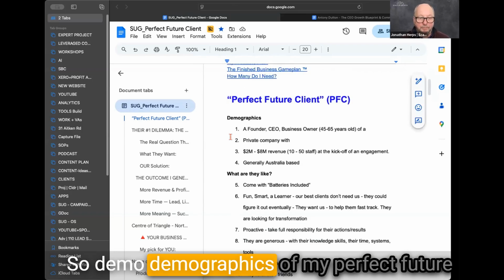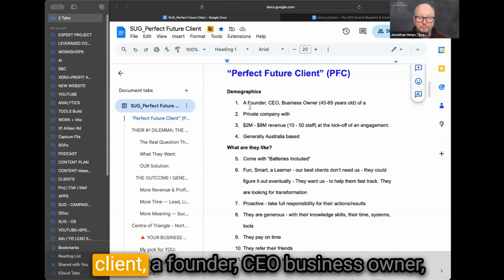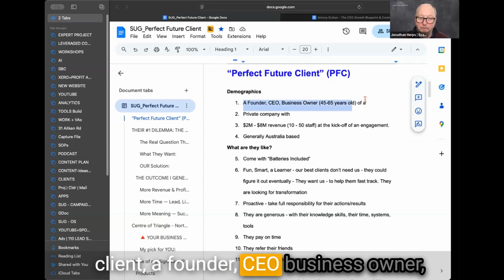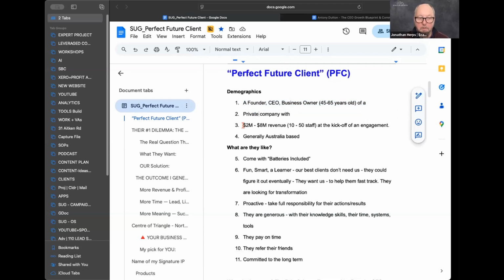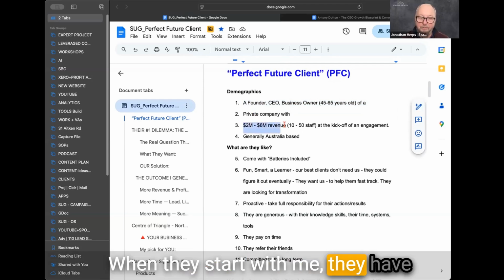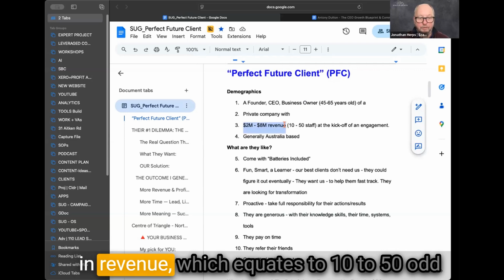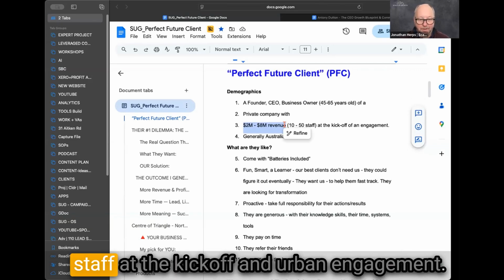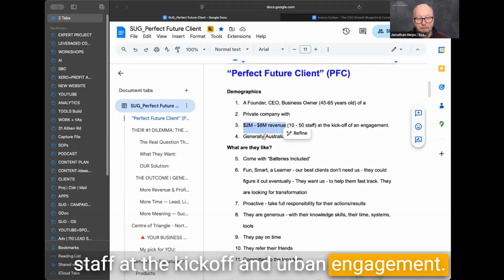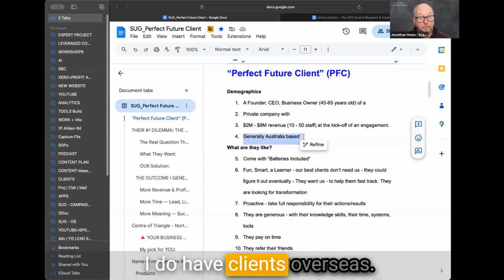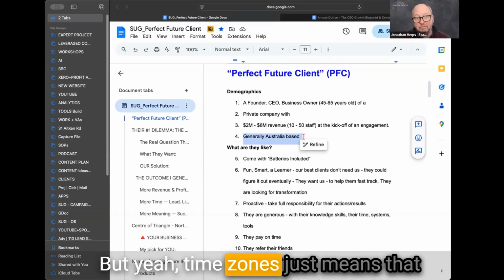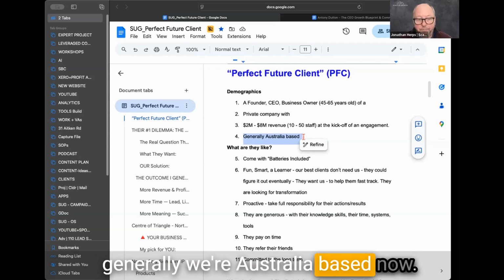The demographics of my perfect future client: a founder, CEO, or business owner, 45 to 65 years old, of a private company. When they start with me, they have somewhere between $2 and $8 million in revenue, which equates to 10 to 50 odd staff at the kickoff of an engagement. And generally they're Australia-based. I do have clients overseas, but time zones just mean that generally we're Australia-based.